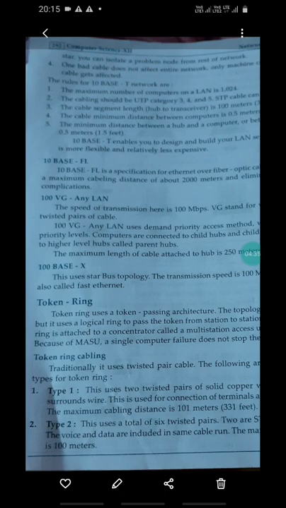Token ring cabling is shown in the figure. The token ring network uses STP cabling and supports 260 computers, and Type 3 cabling token rings can support 72 computers. The minimum distance between computers or between MSAUs is 2.5 meters.